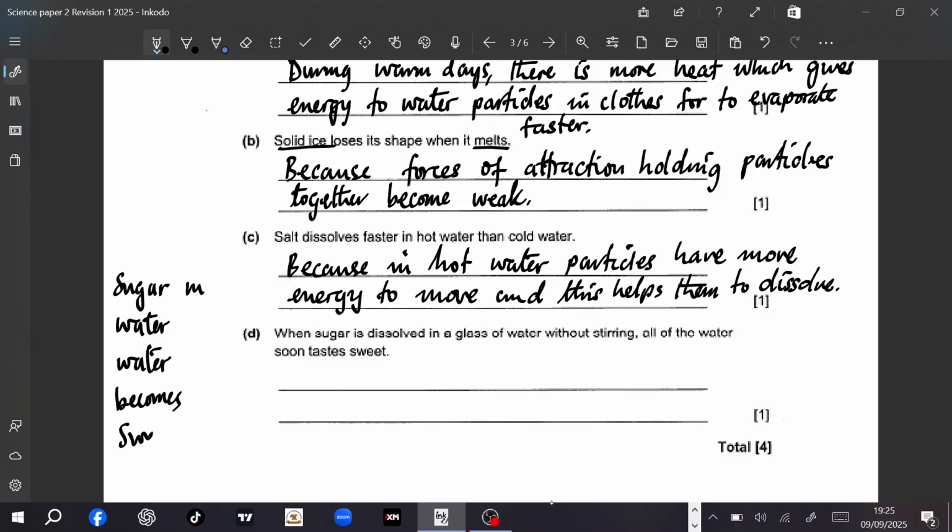So now what could be the reason? This is because particles diffuse. Sugar particles dissolve and diffuse to all parts of the water.